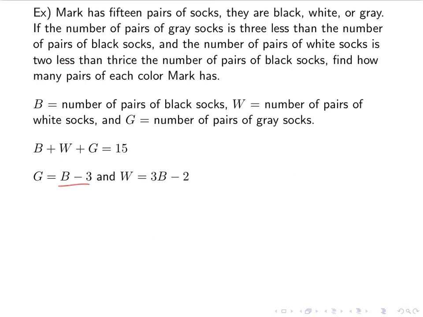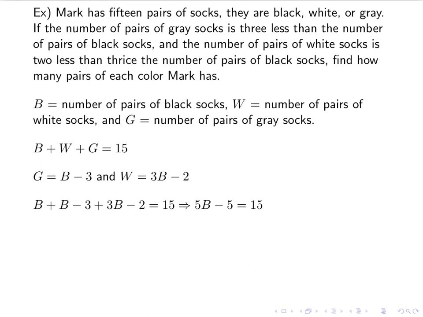Both of these have B's on the right-hand side, so when I substitute it in, I'm only going to have B's in my equation, so that's really nice. So B, G, W. I did it a little out of order, but that's fine. So B plus B minus 3 plus 3B minus 2 equals 15.